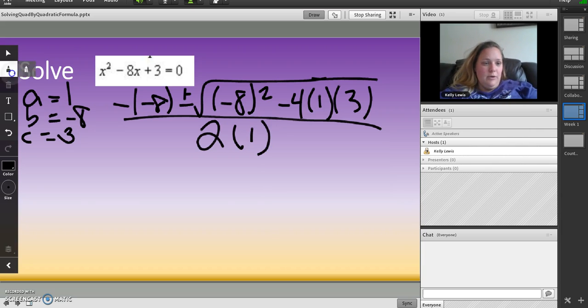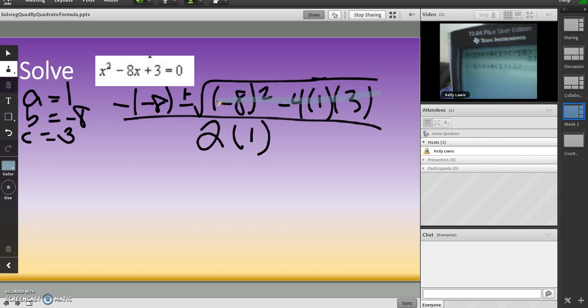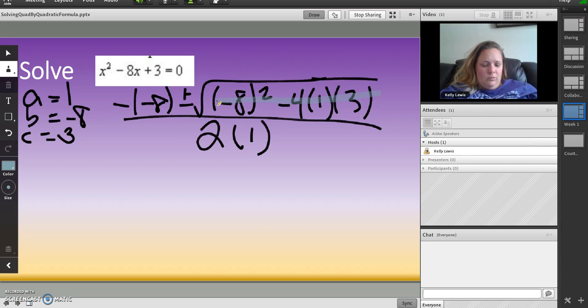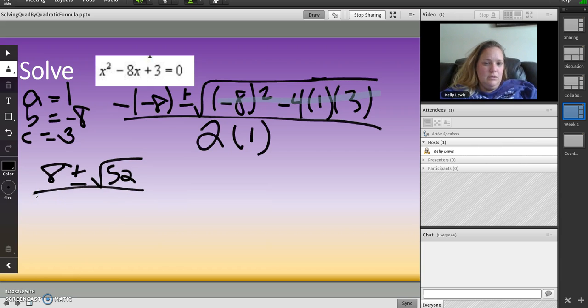All right, in my calculator, I'm going to literally type that guy: parentheses, negative 8 squared minus 4, parentheses, 1, 3. Literally just like that. 52. Okay, negative 8 is positive 8, plus or minus square root 52, over 2 times 1 is 2.